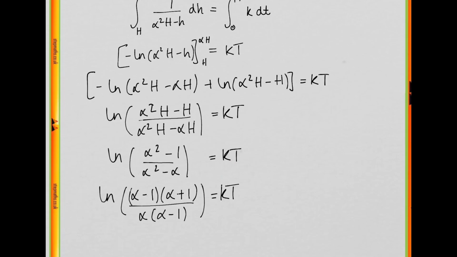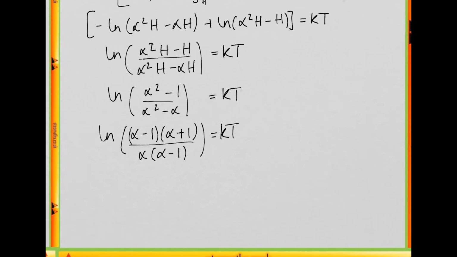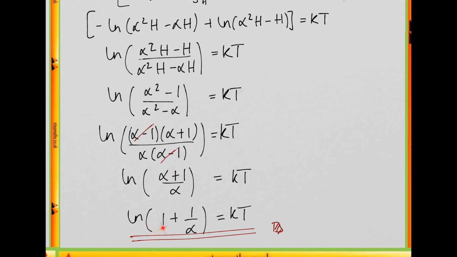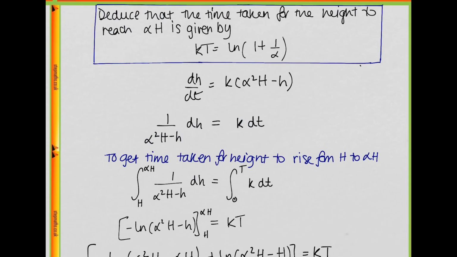And then factorizing using difference of two squares, we get ln of (alpha minus 1)(alpha plus 1) over alpha(alpha minus 1), and then we can cancel the alpha minus 1s to get ln of (alpha plus 1) over alpha equals kt. And this can be separated inside the fraction to ln(1 plus 1 over alpha) equals kt, which is exactly what we were required to show here.